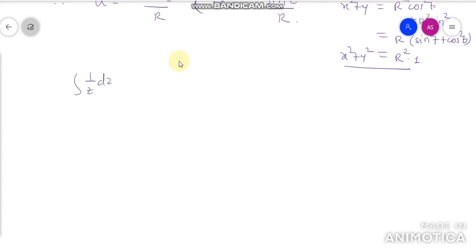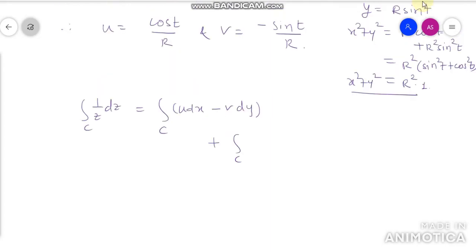Integral of 1 upon z dz over c is equal to integral over c u dx minus v dy, plus i times integral over c v dx plus u dy.